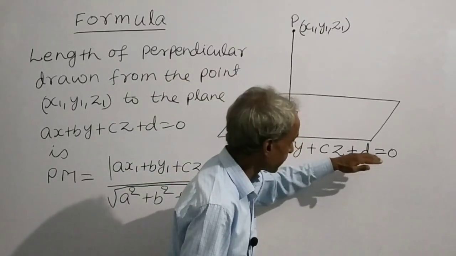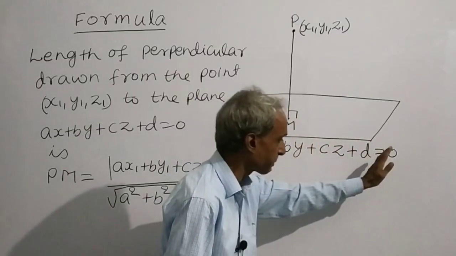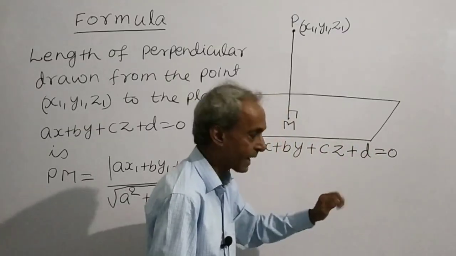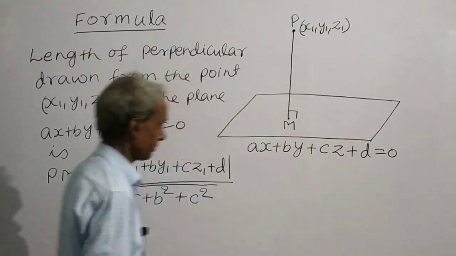The equation must be in the form where each term lies on the left side of the equal sign and the right side is equal to 0.